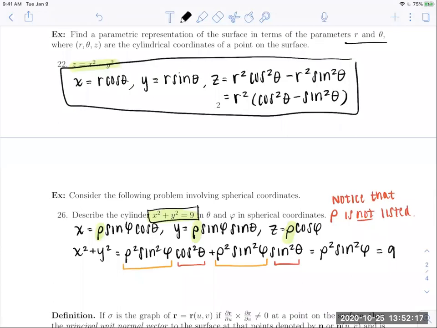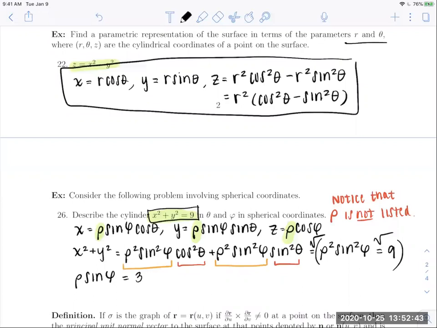All right, so keeping that in mind, I can square root both sides. Again, normally I would be very careful with the plus or minus, but we always assume that rho is positive. So if I square root both sides, I get that rho sine phi equals 3.